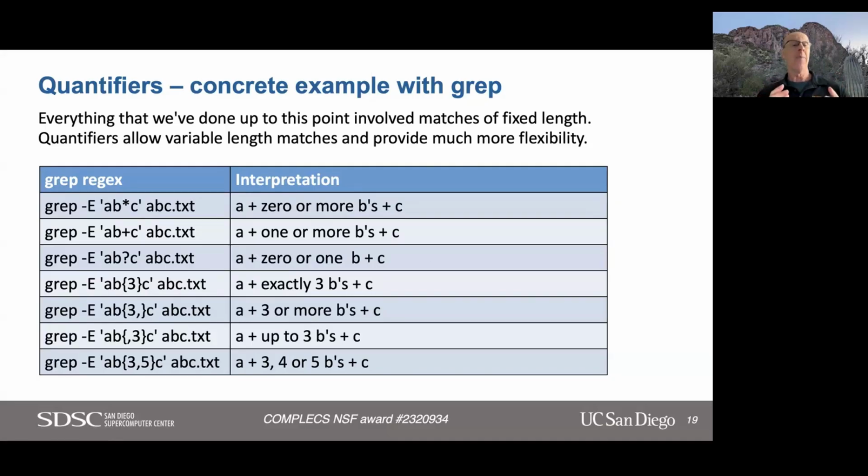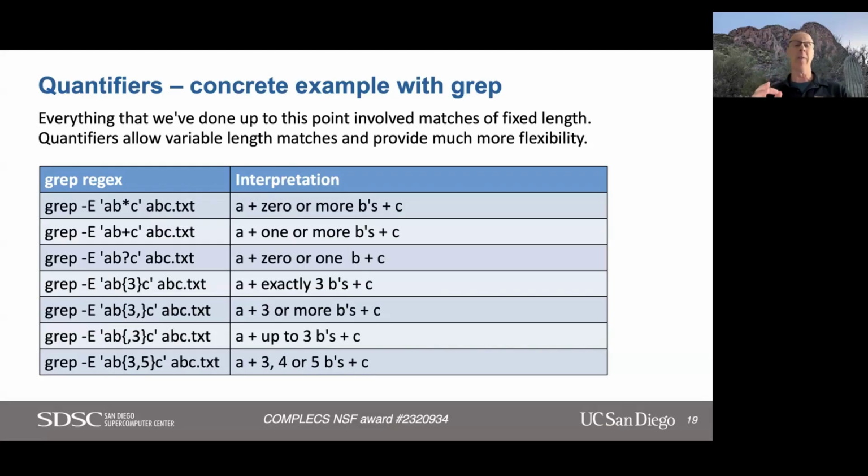So in the first column, we have our grep command with the regular expression, and in the right column, the interpretation. We're going to start off with grep dash capital E and single quotes A, B star C, searching the file abc.txt.